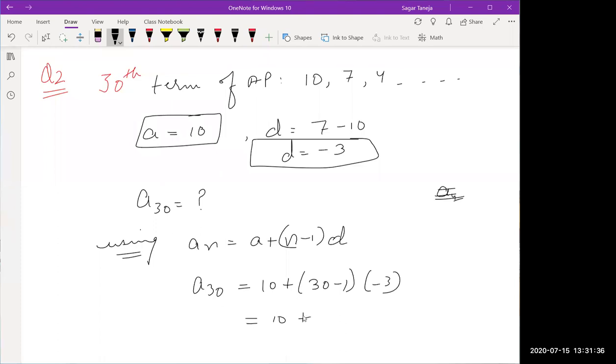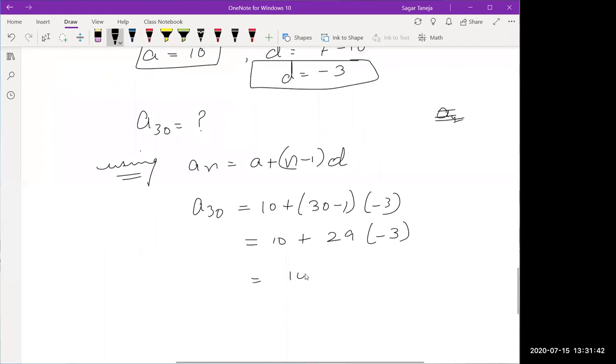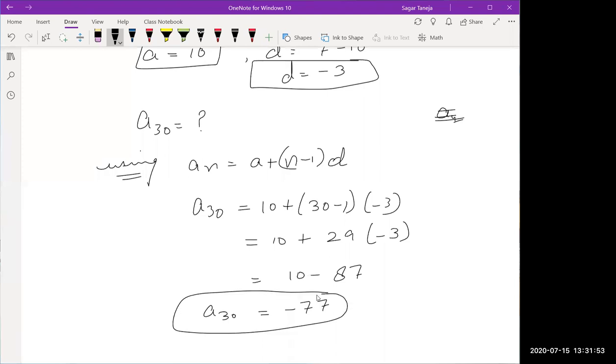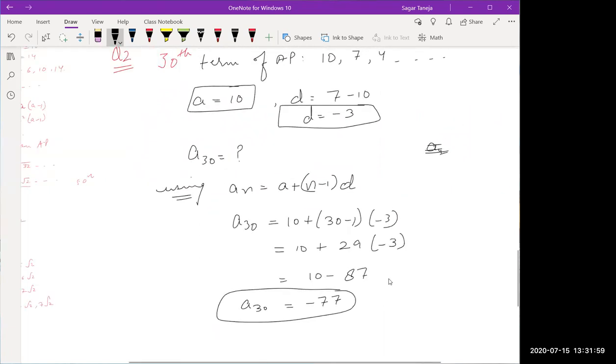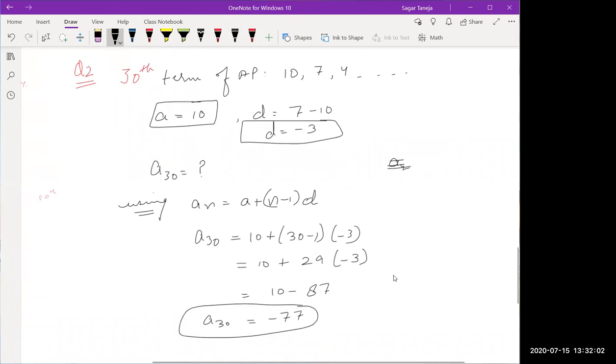So it is 10 plus 29 into minus 3, and 10 minus 87, which is finally minus 77. So the 30th term of the AP is minus 77. The second question's first part is also done.